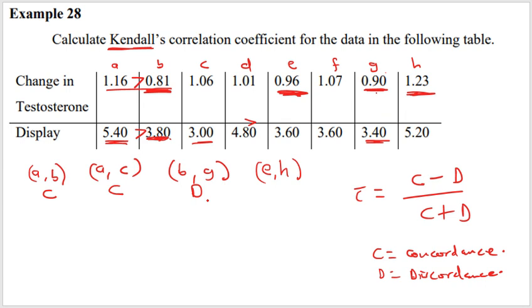That is 0.96 is less than 1.23, less than. When we check the display, we realize that 3.60 is still less than 5.20. So they are both less than. Therefore, in this pair EH, there is a concordance.